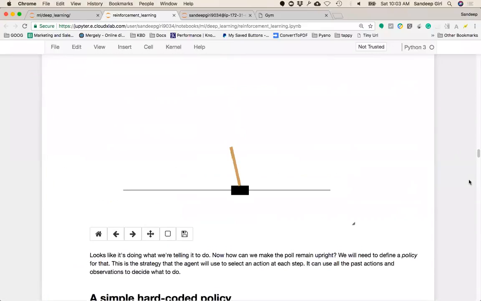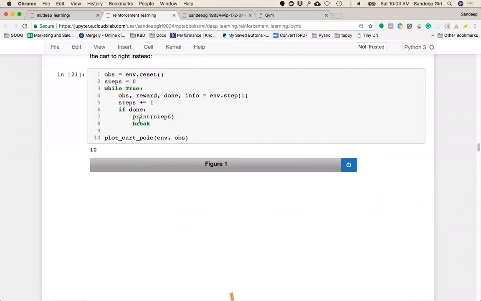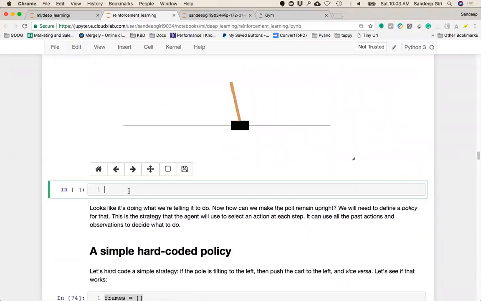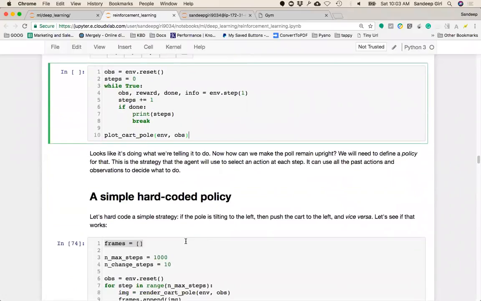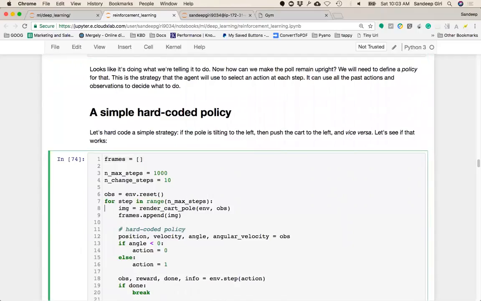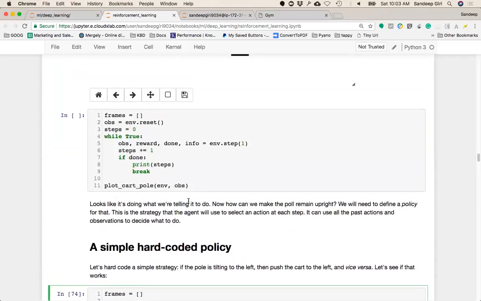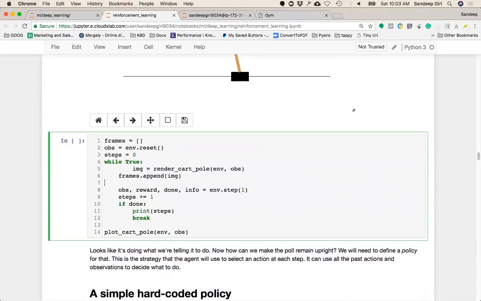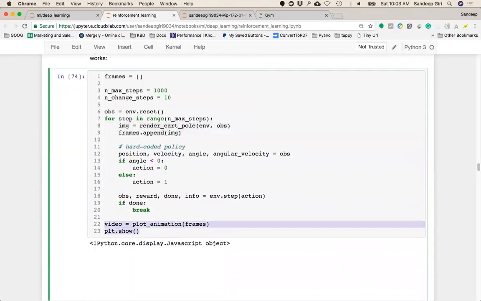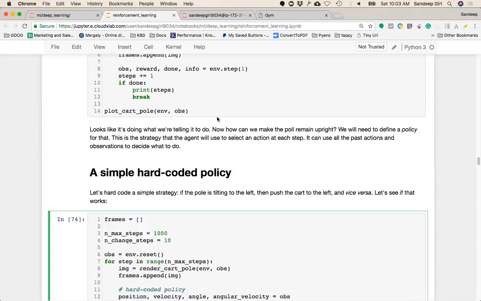The easiest one, I'll just replicate this part, our easiest policy. And here, at every step we are going to maintain an array of frames in which we will append the images, and once everything is done, we will render it. We will plot the animation.